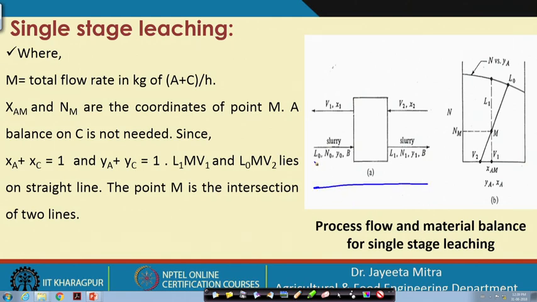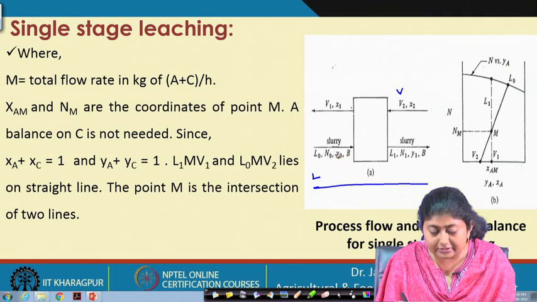Okay. So let us see, this is a single stage where leaching is occurring. We have the slurry solution, the feed solution, which is entering, and we have solvent which is entering. Then this solvent will take some fraction of the solute and move out, and the slurry comes out from the first stage. So V represents the kg of solvent that entered, L represents the kg of slurry that entered, N 0 represents the concentration of inert solid, and Y 0 represents the concentration of the solute in the feed slurry.